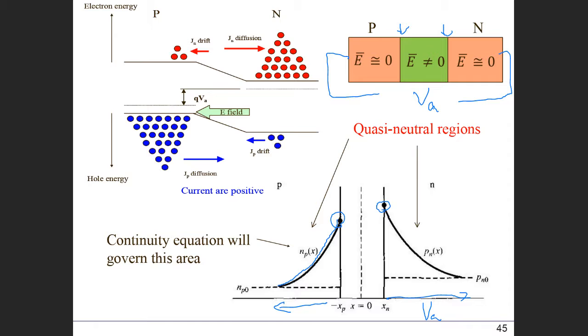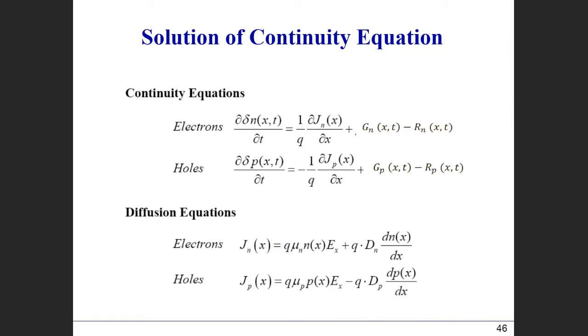To answer this question, in the semiconductor we need to solve two semiconductor equations. One is called the continuity equation. Another one is called the diffusion equation.